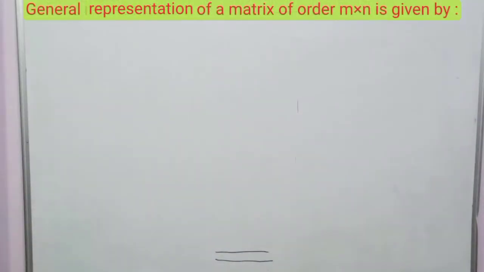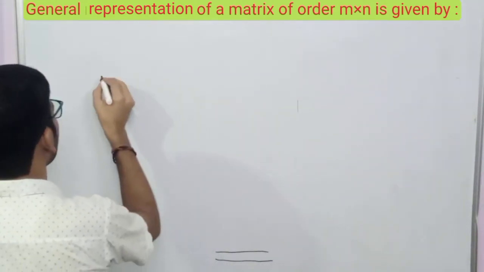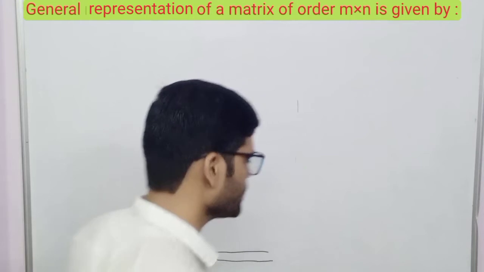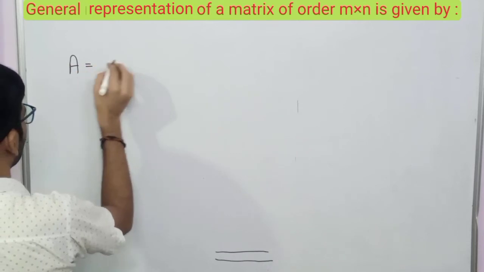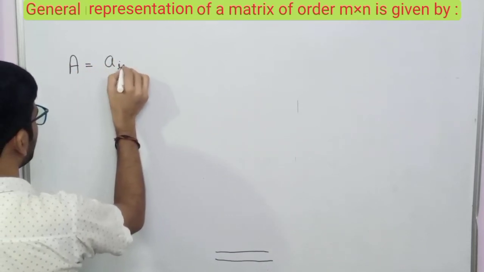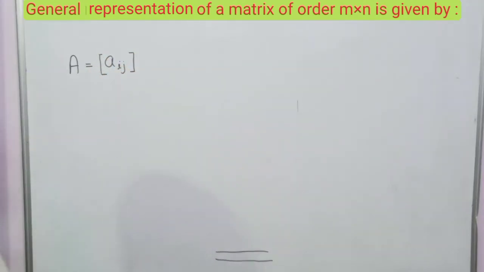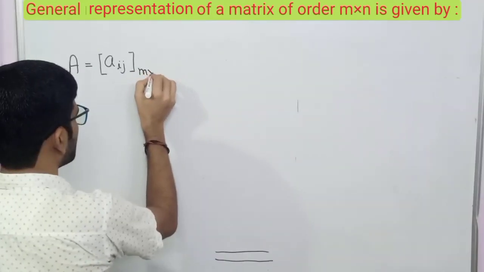In general form, a matrix of order m cross n can be written as A equal to, because representation of a matrix is represented by capital letters of the alphabet. Okay, so let us write here A equal to Aij, in general Aij m cross n.